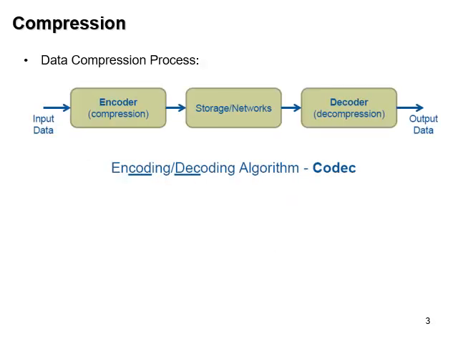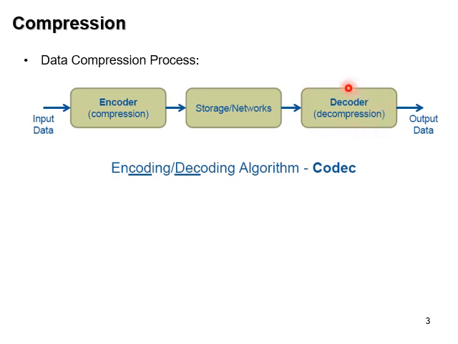So the data compression process actually passes through a number of stages. First of all, you have your input data that you want to compress. The first stage is called the encoder, which compresses the data. And then once the data is compressed, either it will be stored on the computer or it will be transmitted over a network. Now, to be able to play or display that data, you need to decompress the data.